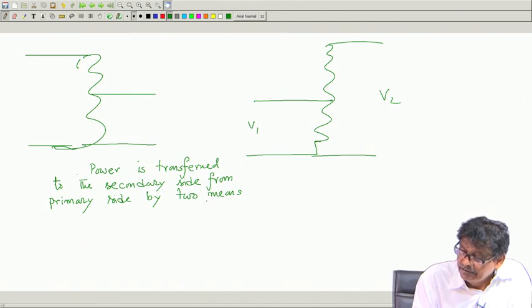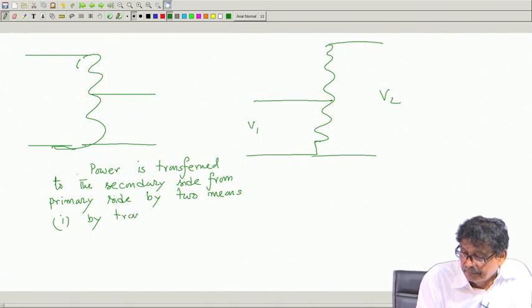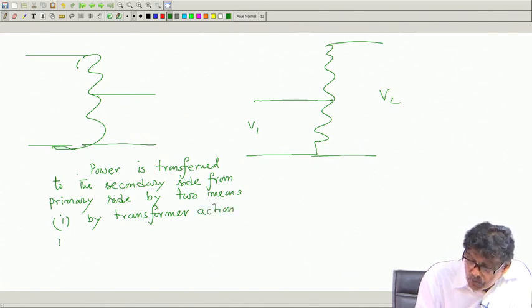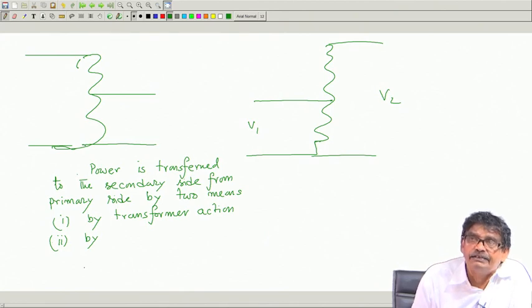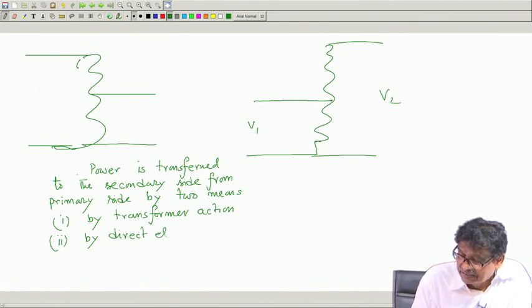What are the 2 means? 1, by transformer action, and 2, by direct electrical connection. That is how we explain this, by direct electrical connection.